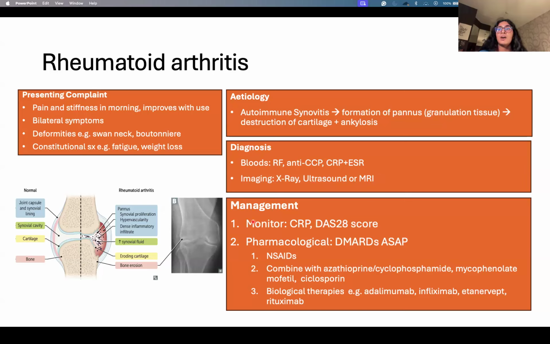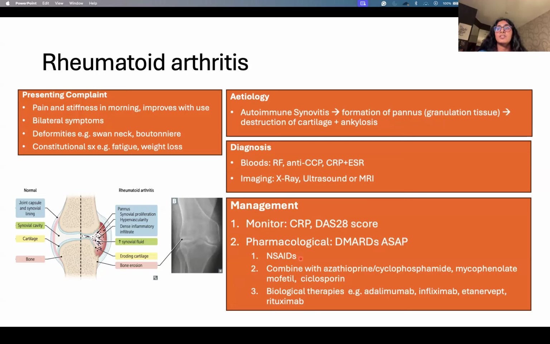And then management. You can monitor using the CRP, but you might have heard of the DAS-28 score, which is like a patient questionnaire thinking about how it affects their activities of daily living, helpful to track how they're doing. In terms of pharmacological, there's loads of things that they can give.